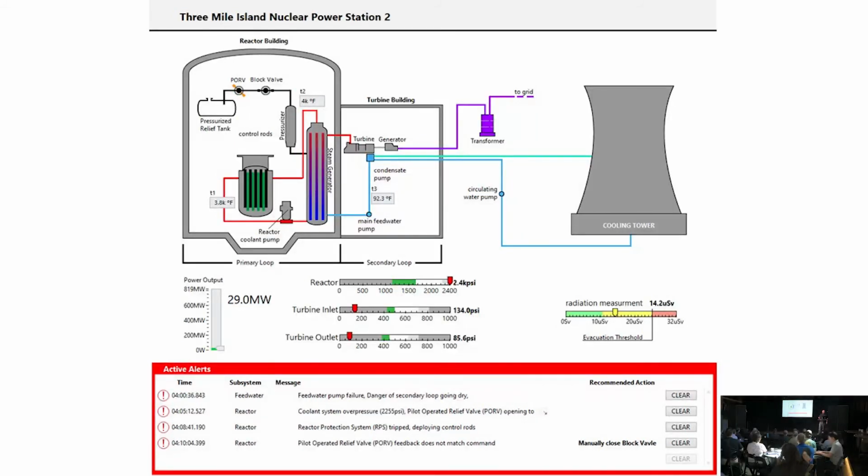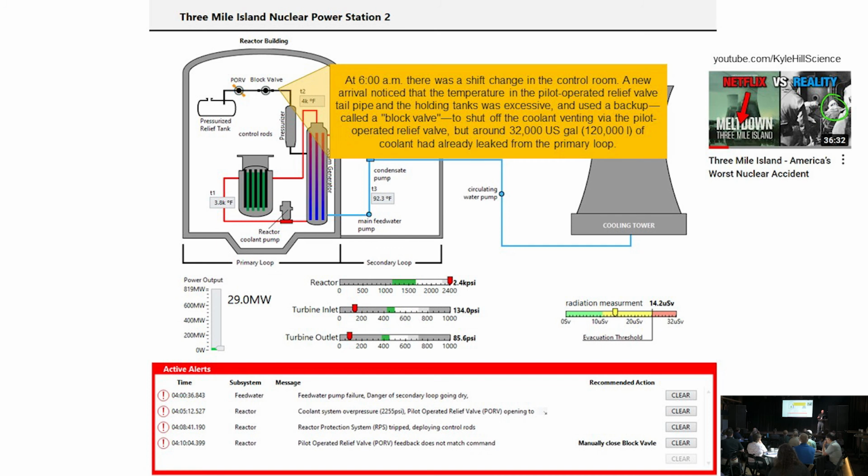We know the context. And in this case, the actual backstory is that, of course, like any failure of this kind, there were lots and lots of sequential failures, lots of poor maintenance, lots of bad decisions. But one of them is that the cooling loop slowed down, the reactor quenched itself, and it started to get too high of a pressure, and so they opened that PORV valve, the pilot operated relief valve.